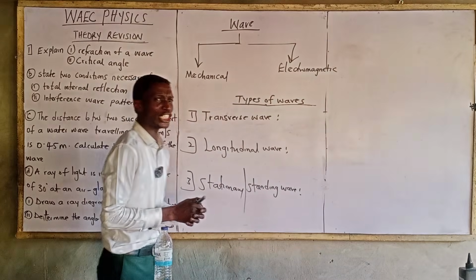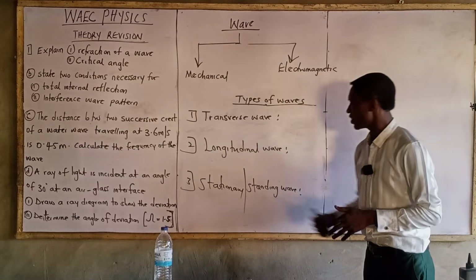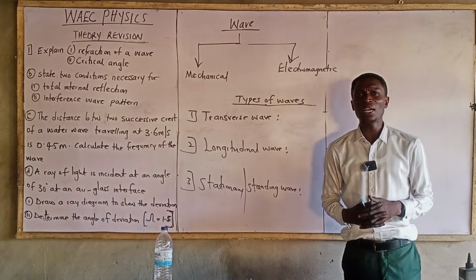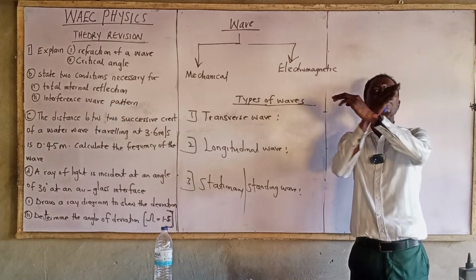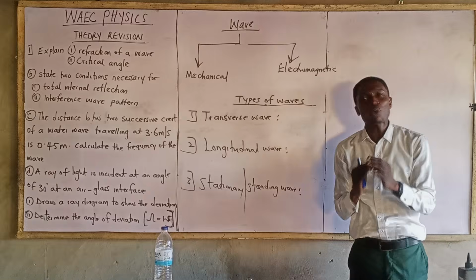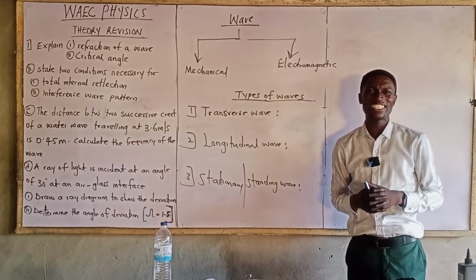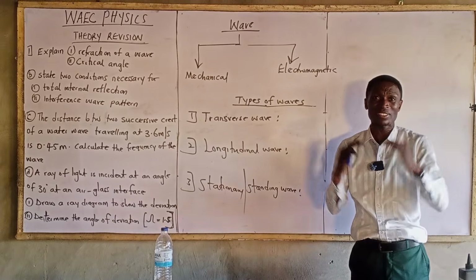Now, when we say a wave is stationary or standing, it means we have two waves traveling in opposite directions, of equal amplitude and frequency, and combining. Such a combination gives us what we call a stationary or standing wave. It appears as though it is standing.